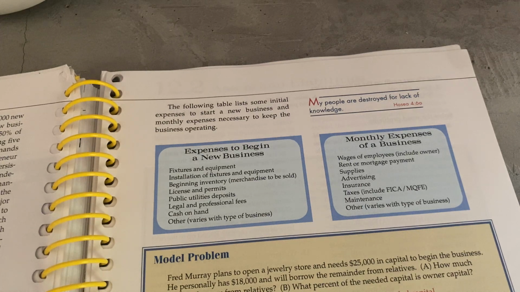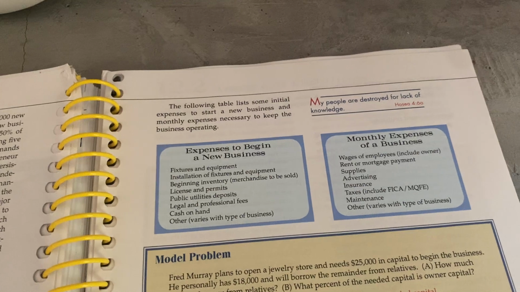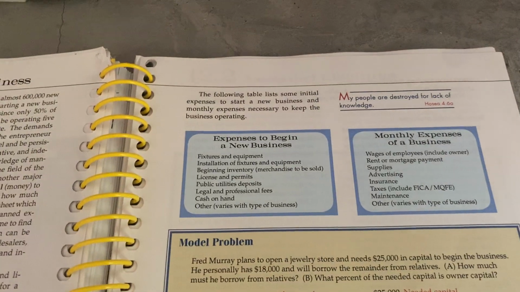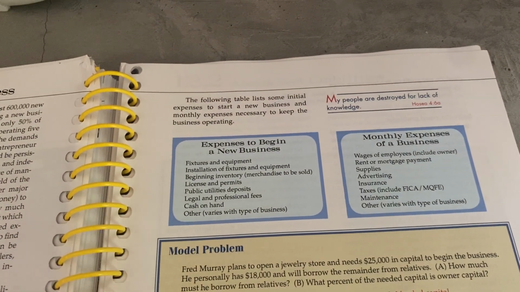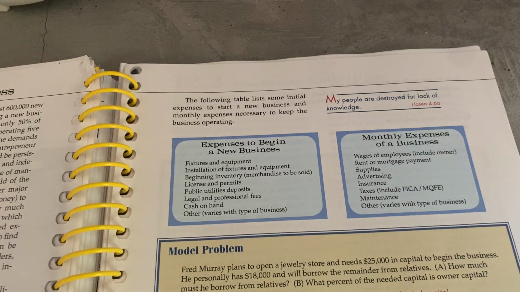So you can see the types of business expenses you need to be aware of when you start a business. And then the monthly expenses of the business you have to take in hand too. Such things as paying your employees their wages and rent, or a mortgage payment on the building where your business is.